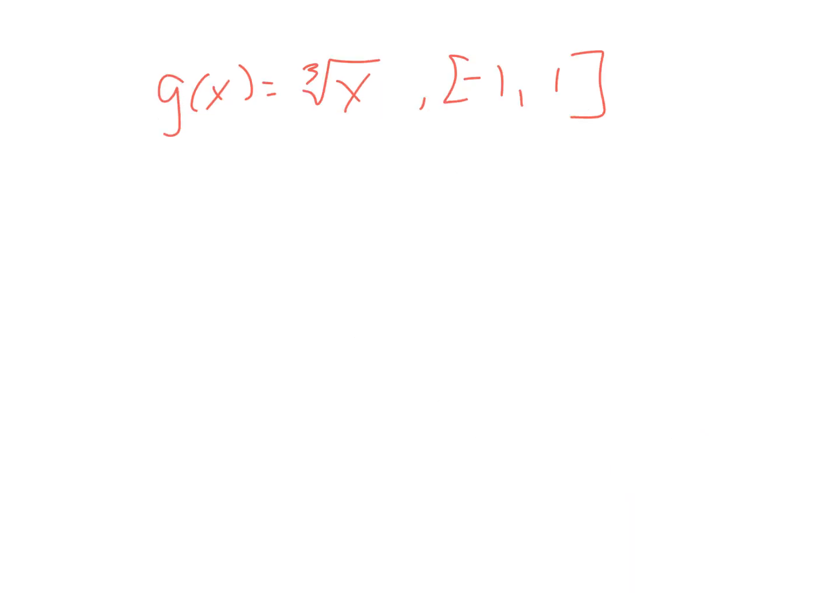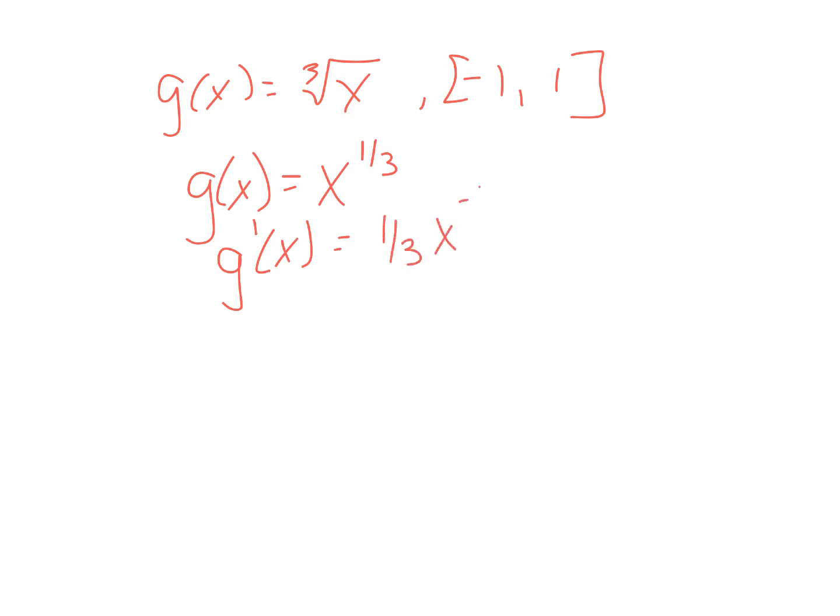Alright, last one together. So let's find all of your absolute extrema from -1 to 1 of this function. Remember, the cube root is just like saying to the 1/3 power. So when we differentiate to find the critical values, 1/3 goes up front, subtract 1, so it'll be -2/3.